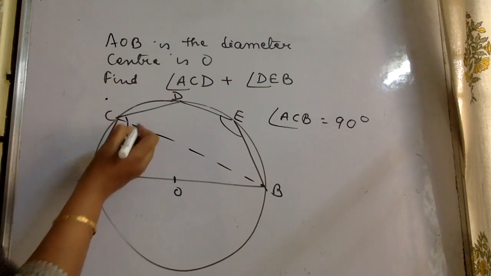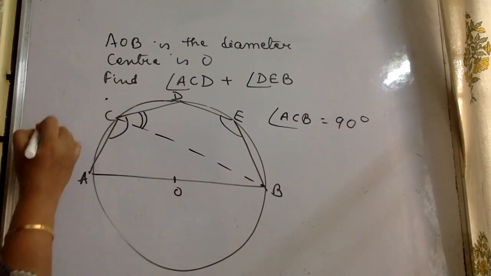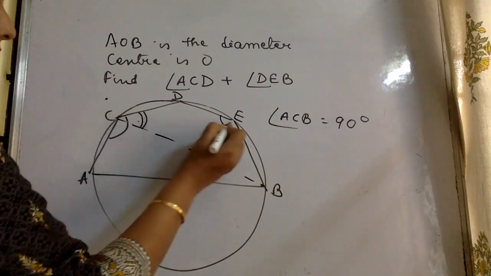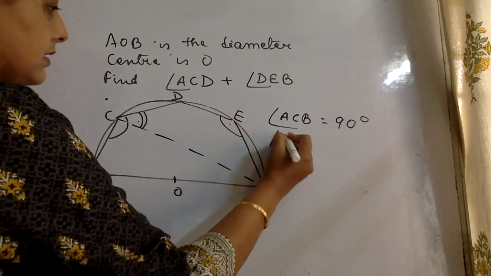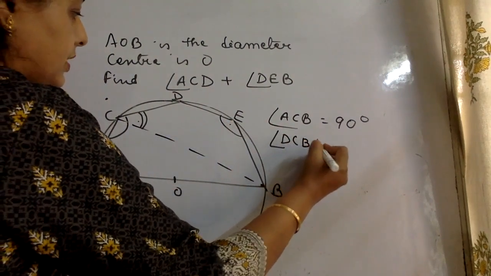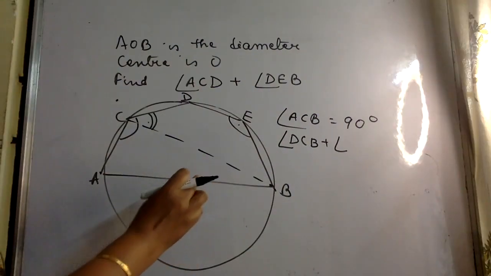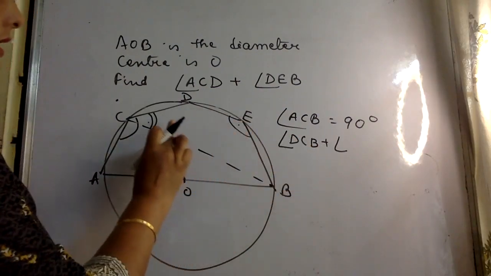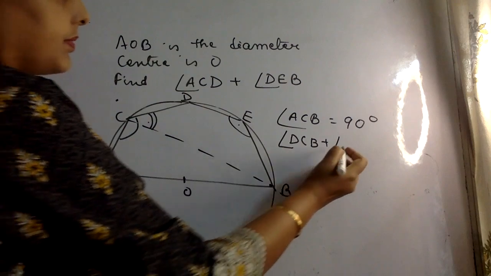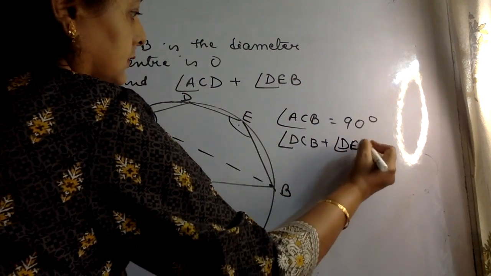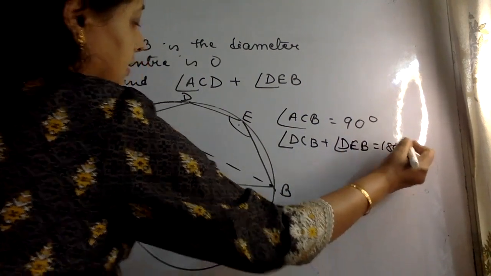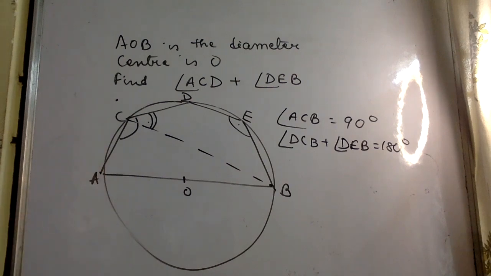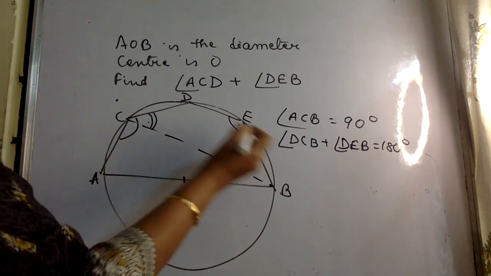Once this is 90 degrees, then we can find this angle, this much, plus this is 180. That is angle DCB plus angle DEB. This should come to 180 degrees. Now why is it 180 degrees?